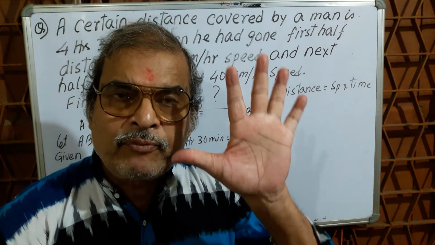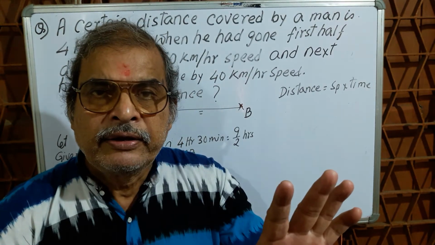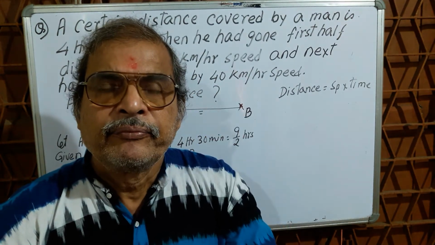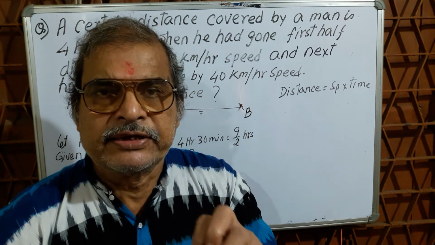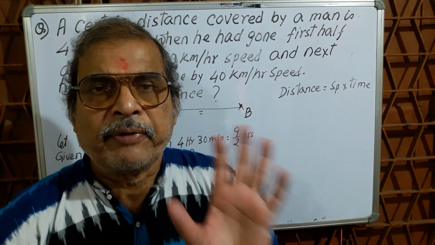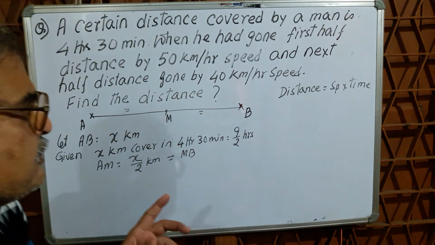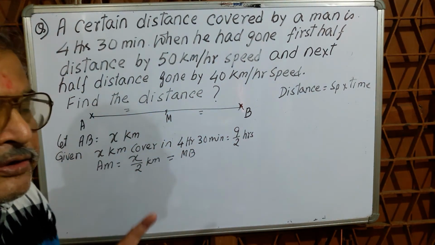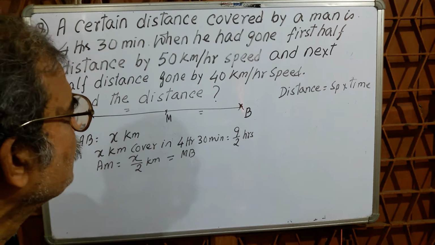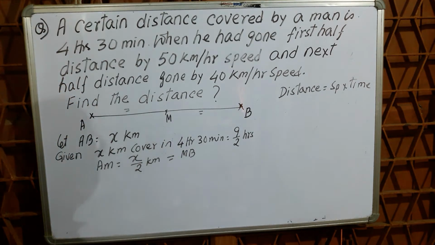That means you have 5 copies, 10 pens and 20 pencils. You cannot say 35 because the unit is different. So here the units are kilometer and hours. Be careful with this. So bring it into one unit.